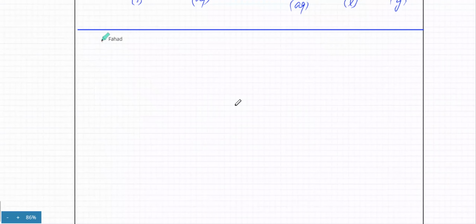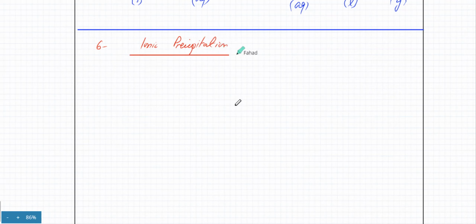So equation number 6 is known as ionic precipitation. Now, what type of reaction is this? Now, this is a reaction in which the rule is you mix any two soluble acids, bases, and salts.